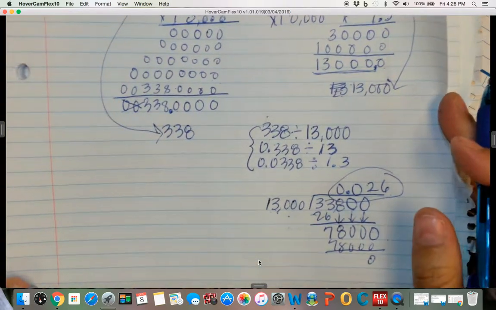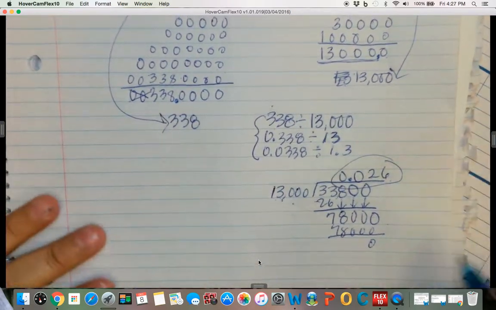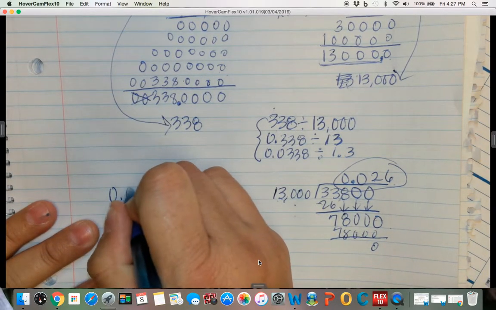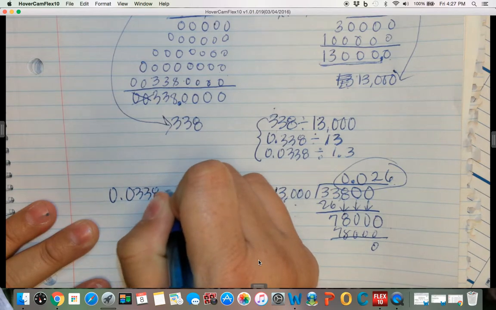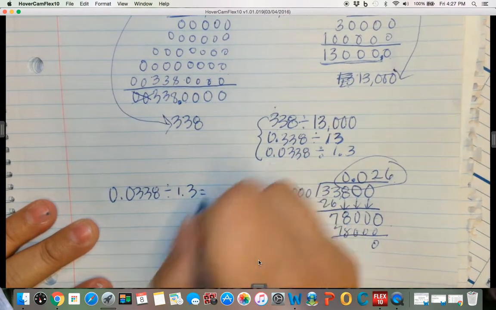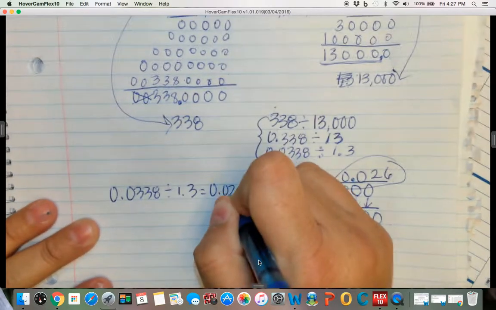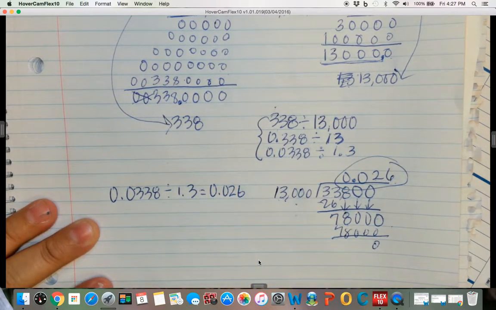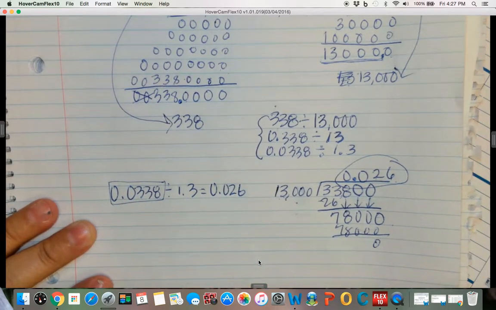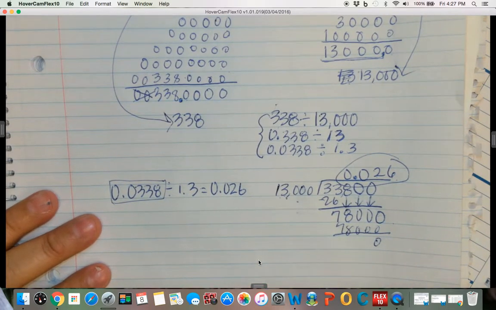How do we know our answer is correct? I'm going to multiply. Here's our original problem. We know that it equals 26 thousandths. I'm going to solve this by doing some backwards multiplication or some multiplication.